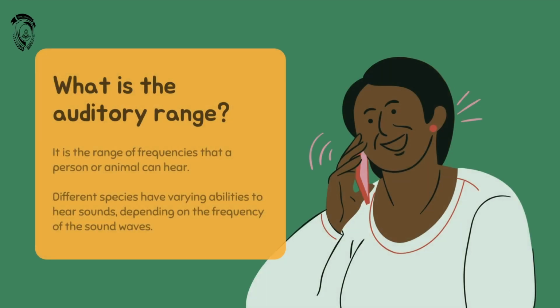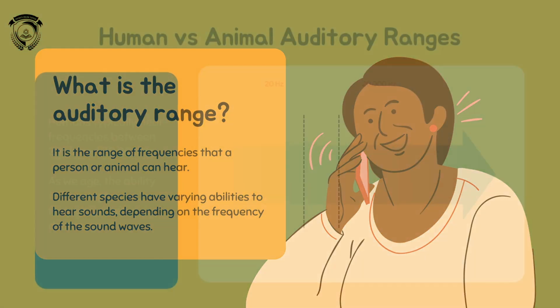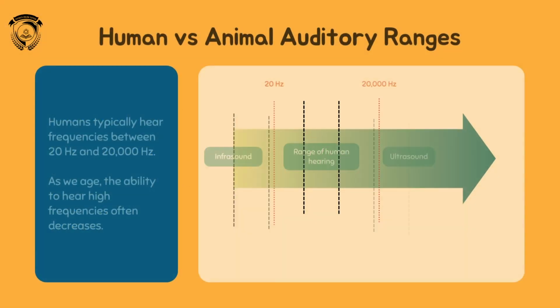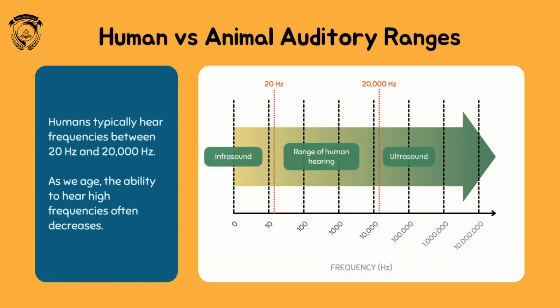So there is an auditory range. What is the auditory range? It's the range of frequencies that a person or animal can hear. Remember, different species have different abilities to hear sounds. Humans can typically hear frequencies between 20 Hz and 20,000 Hz.